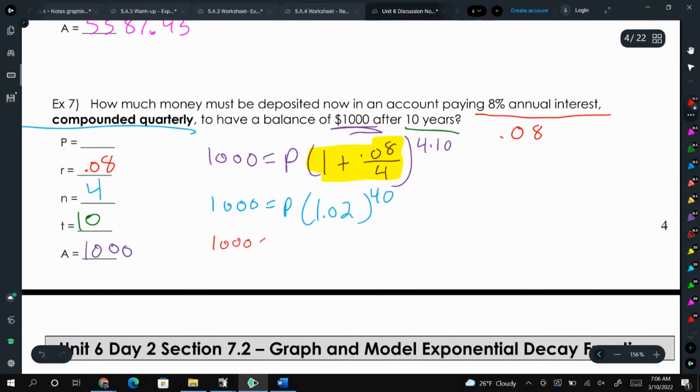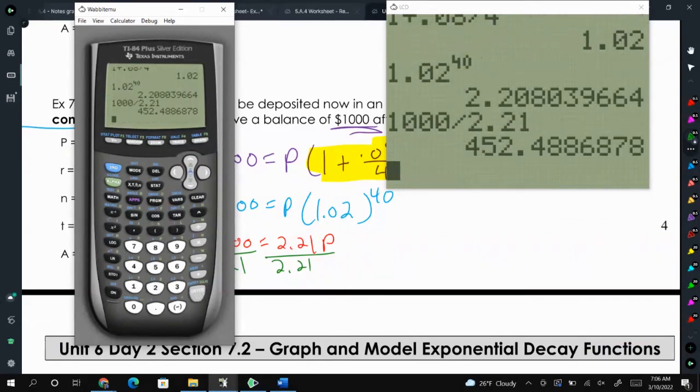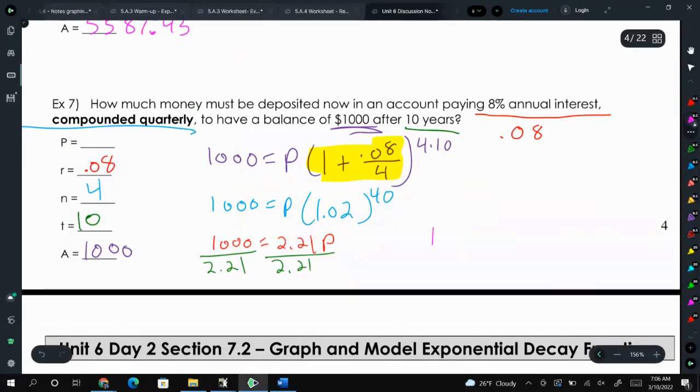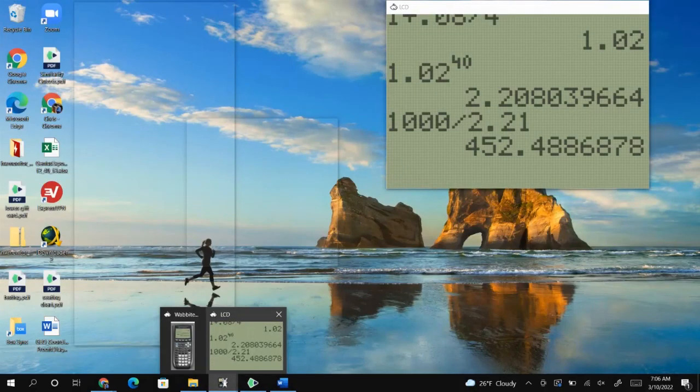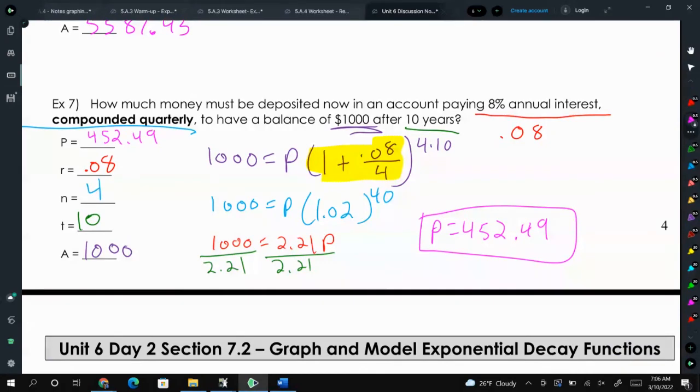So 1,000 equals 2.21 times P. Now this is just a simple divide both sides by 2.21. So 1,000 divided by 2.21, and we get $452.49. Okay. So we have to put that much money in first, and then in 10 years, I'll have $1,000.